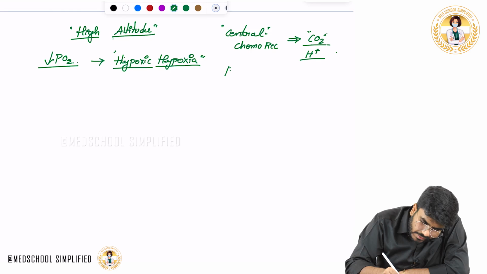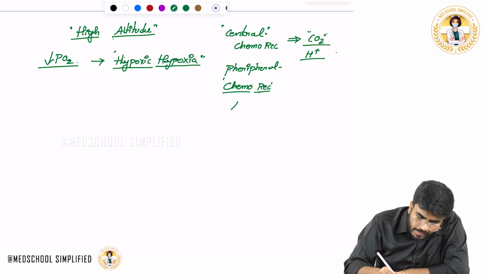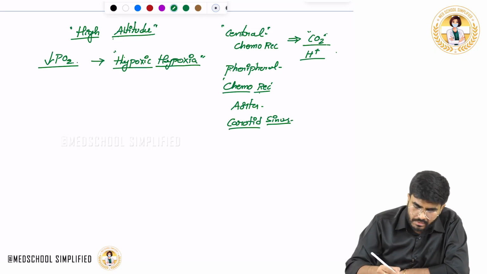Now, peripheral chemoreceptors. Where are they present? They are present in the aorta and carotid body.